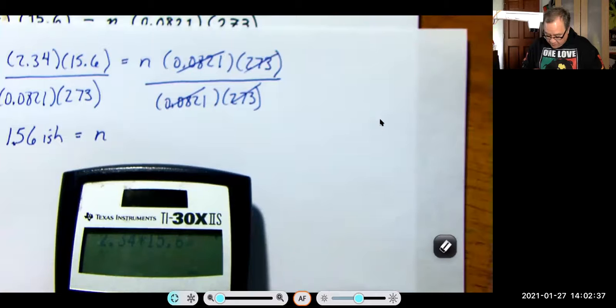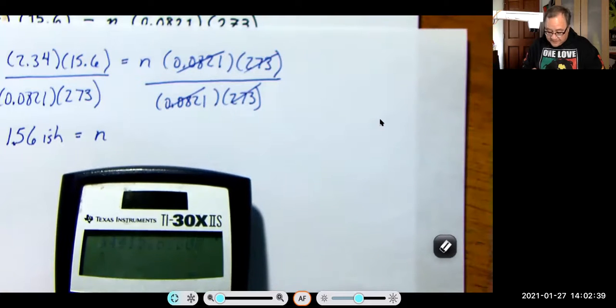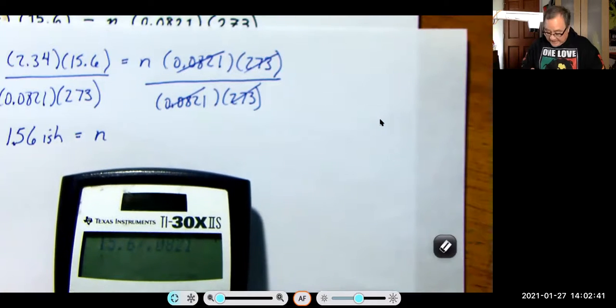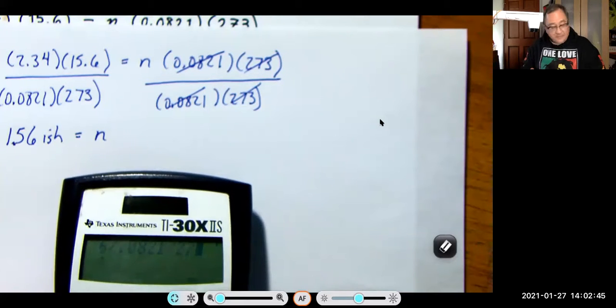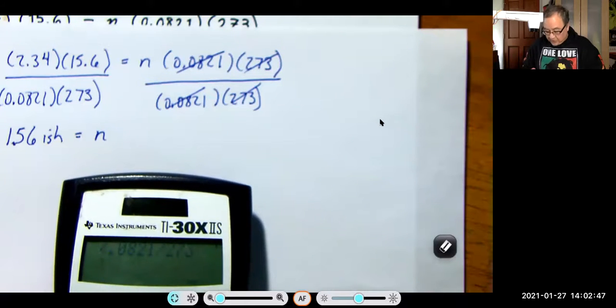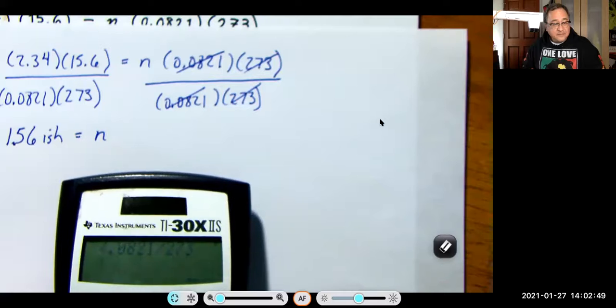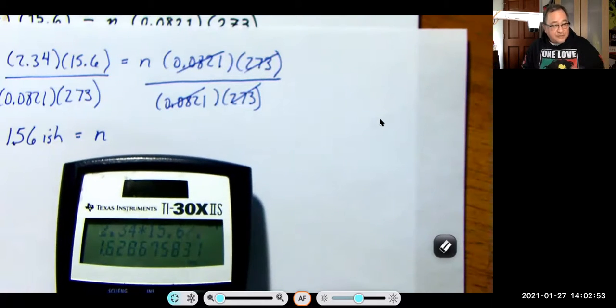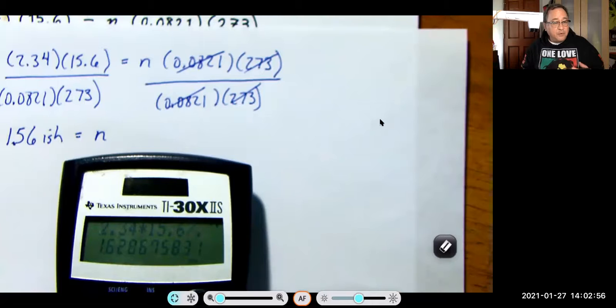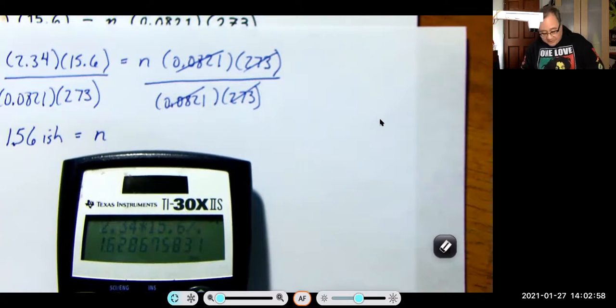So divided by 0.0821. And then I'm going to put divided by 273. So I get 1.63. I want 3 significant figures. So 1.63 is my answer.